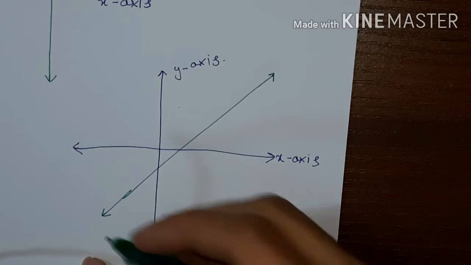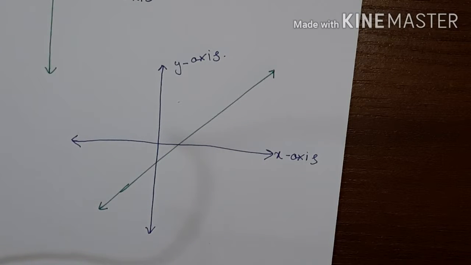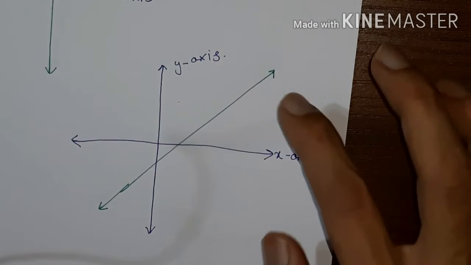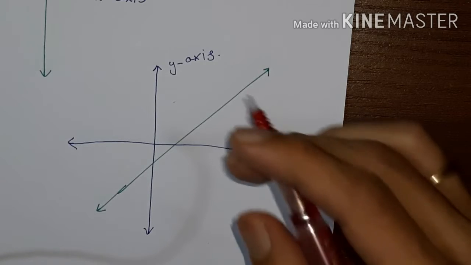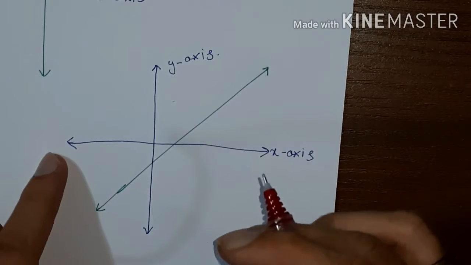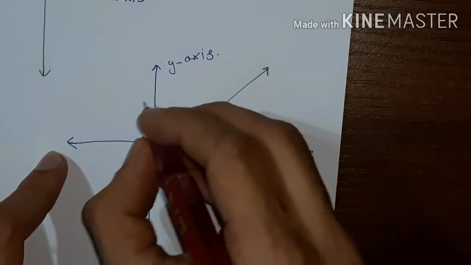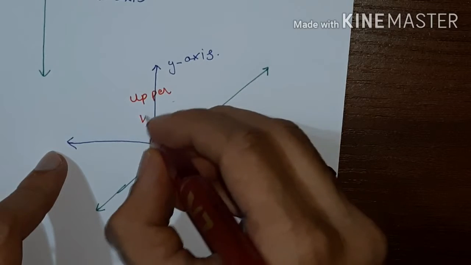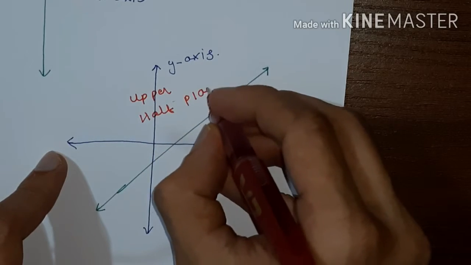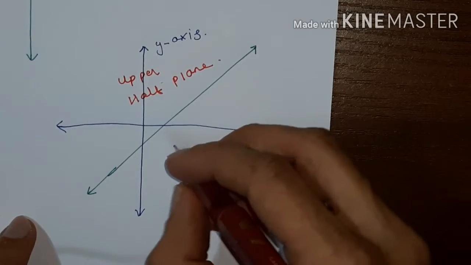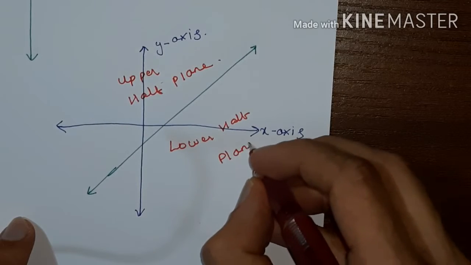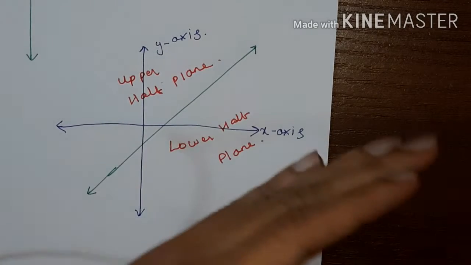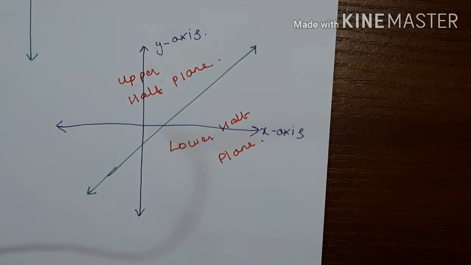You can see that this line will again divide the coordinate axis into two regions. The region which is above this line is called the upper half plane, and this will be the lower half plane, that is the region which is below the line.